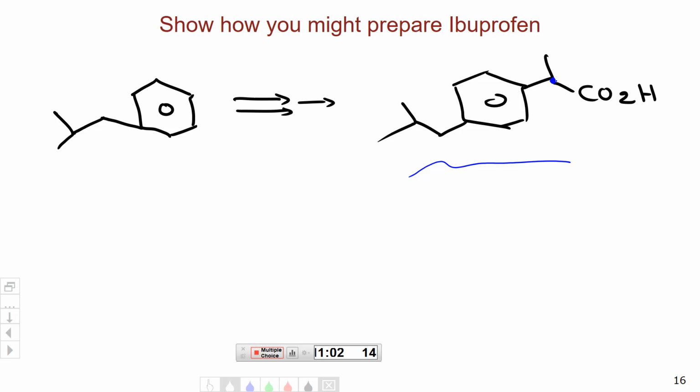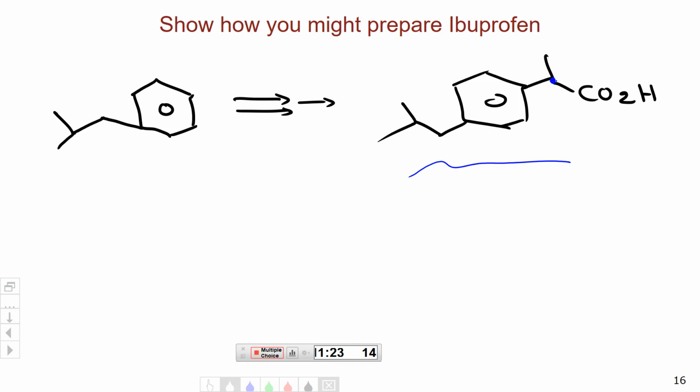The other one, if we consume it, has little effect in our body. This is why we really care about the R and the S. In the ibuprofen case, neither is toxic, but with some other compounds, one can be toxic and the other not. In this case, it's just active or inactive.